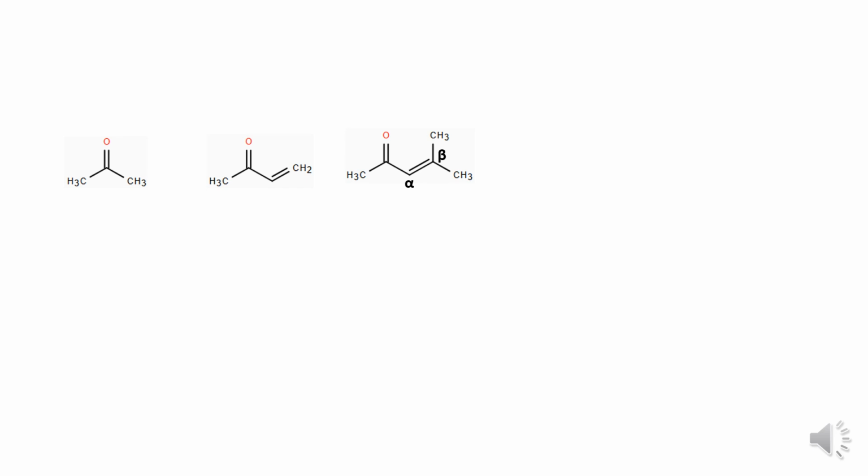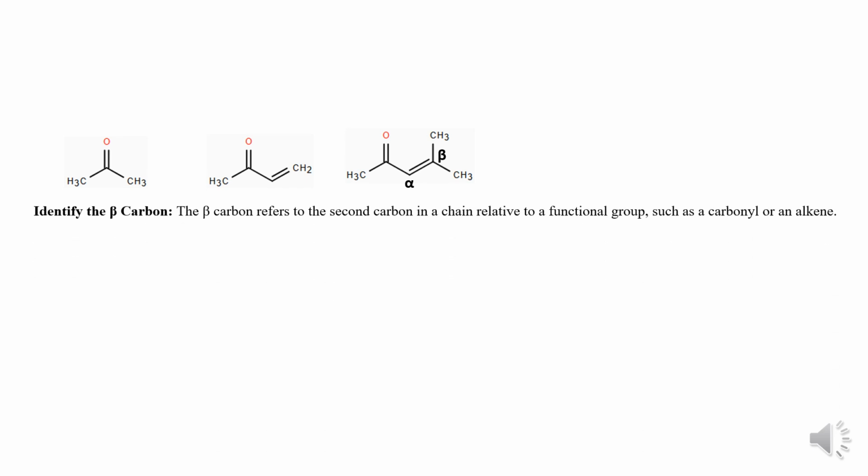So assignment of alpha and beta carbons is purely based on considering the functional group. Here it is the carbonyl group that we are considering as a reference. So the beta carbon refers to the second carbon in a chain related to the functional group. So here the functional group is the carbonyl group, but it can also be an alkene group.